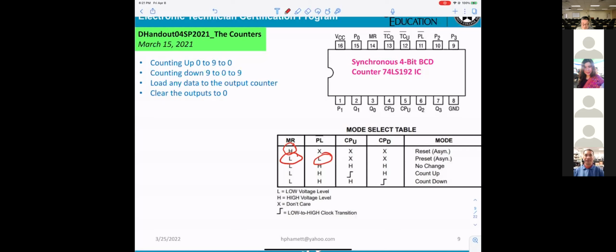So the next one, load low, CPU high, CPD high. The output will be no change. That means if it was number 5, then it is still number 5. If it got number A, it is still number A.